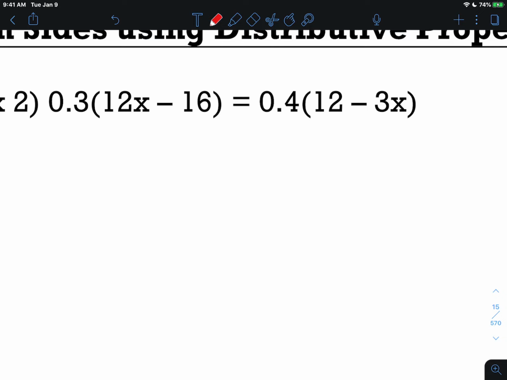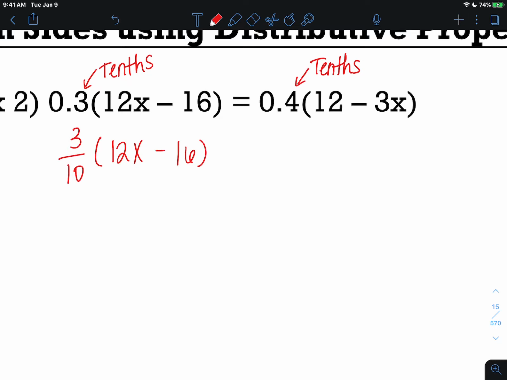But I'm going to walk through this really slowly so you'll understand where my mind goes when I see this. Point 3. This is what people call the tenths place, right? The reason is that this is actually 3 over 10. And I'm just going to write that out like that just so I can make a point.